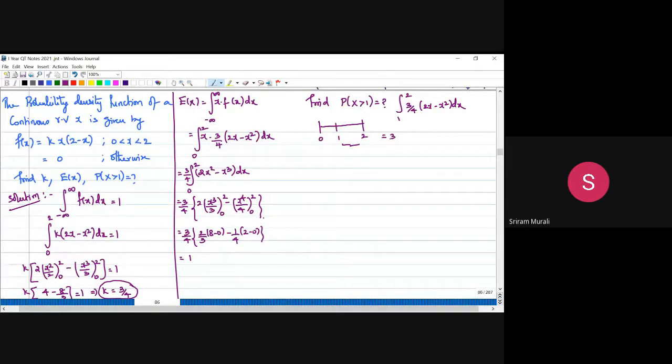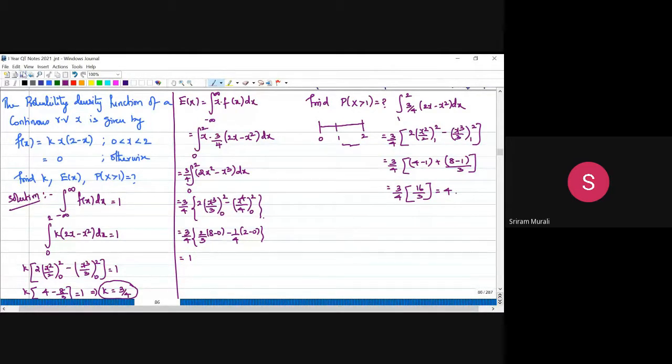Integral of 2x will be x square by 2 over the limit 1 to 2, and this is x cube by 3 over the limit 1 to 2. So this is 3 by 4 into 2 get cancelled, 4 minus 1, and 8 minus 1 by 3. So this is 3 by 4 into 9 plus 7, 16 by 3. So the answer is 4.